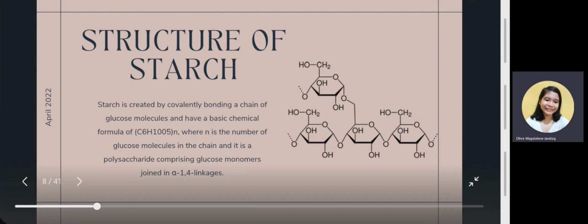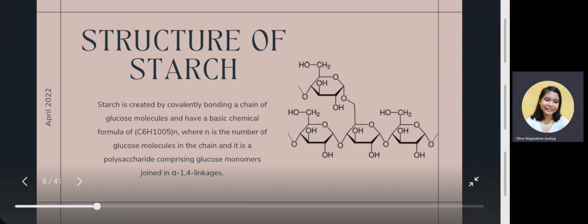Starch is a natural polymer or polysaccharide, meaning it is a long chain comprising one type of molecule. It is made up of long chains of glucose molecules that are bonded together through covalent bonds called glycosidic bonds.